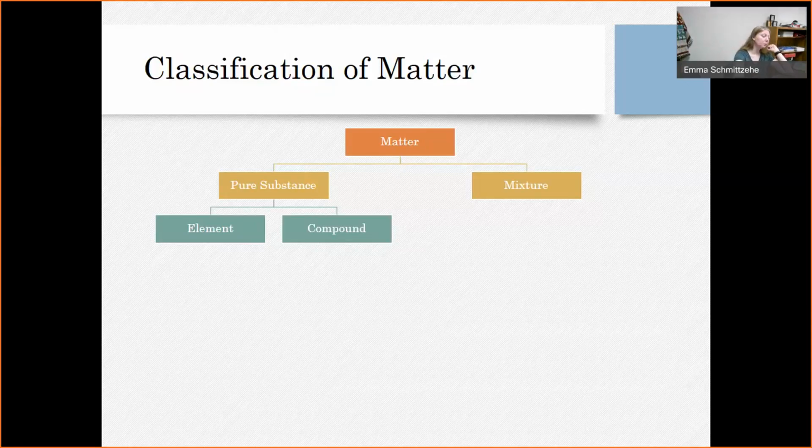Now mixtures, we also can break down and categorize a little more specifically. You can have homogeneous mixtures, and those are mixtures that generally look like one thing, so they can trick you. A homogeneous mixture, just by visually looking at it, is going to look like a pure substance. So something like salt water: you look at it and it looks like water.